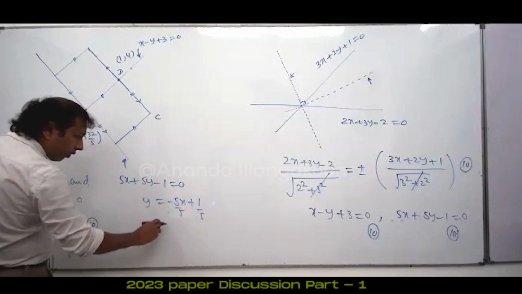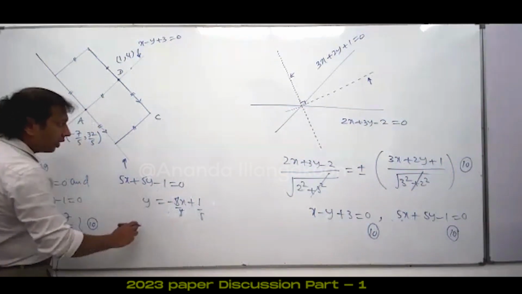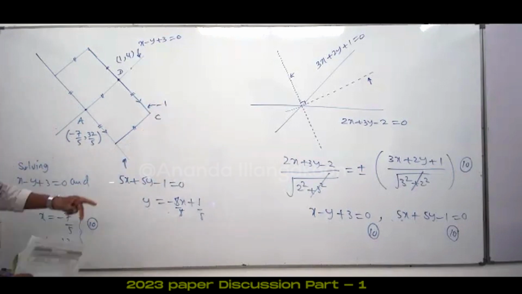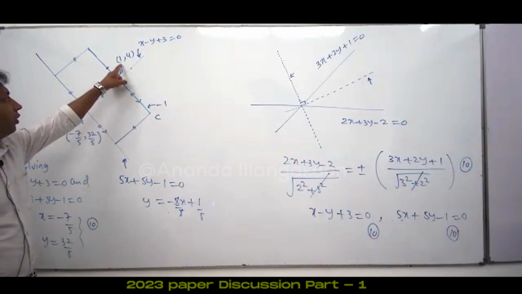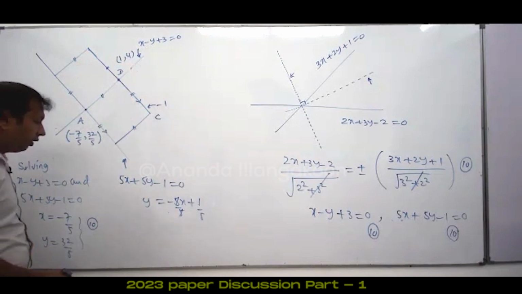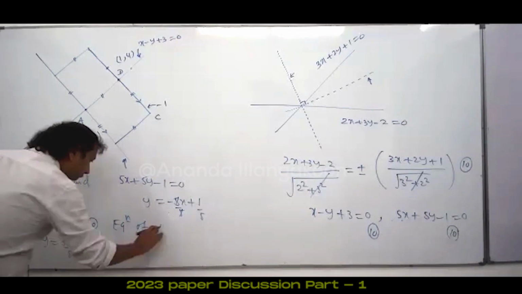This way, this cancels down, then the expression is minus 1. That expression is the gradient. So therefore, the gradient of this is minus 1. Therefore, what is the equation of this CD? Take this 1 and 4 as x naught, y naught. Then what is the equation of CD?